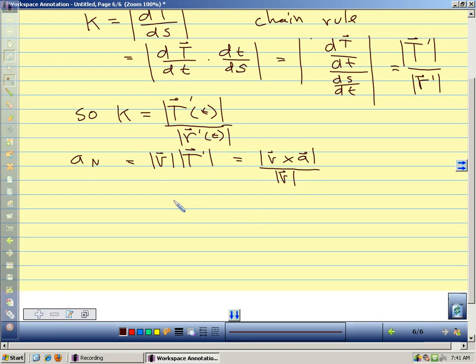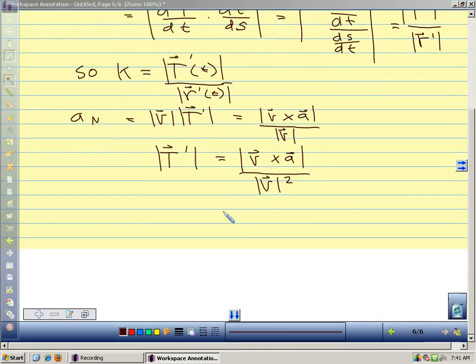So this tells us that the magnitude of T prime equals the magnitude of v cross a over the magnitude of v squared. And I can rewrite this if I just want to write it in terms of my original vector valued function.